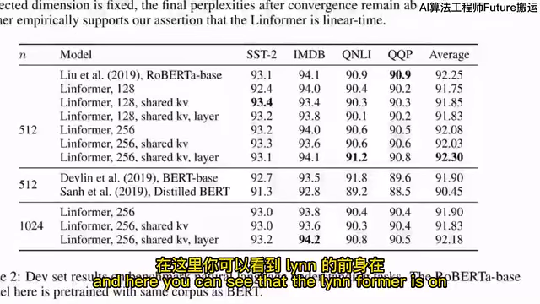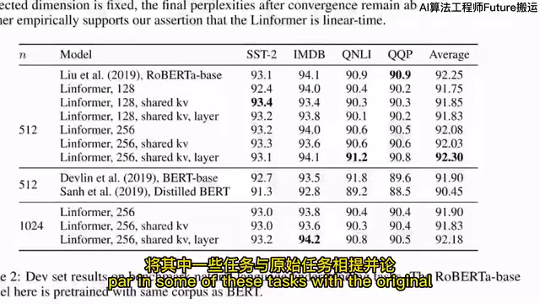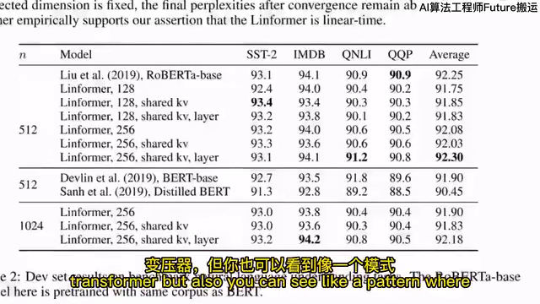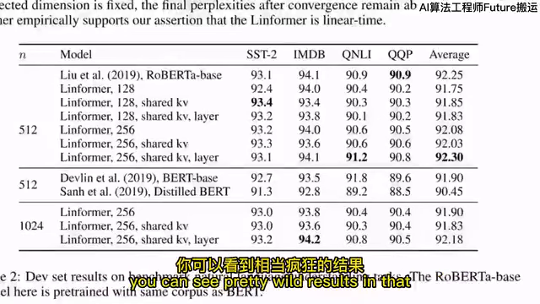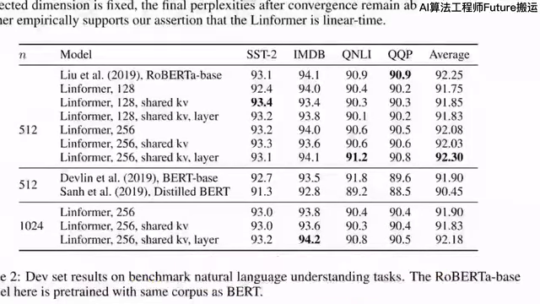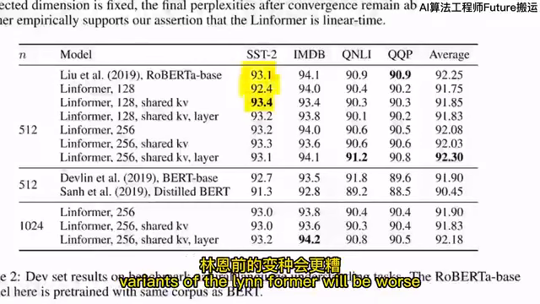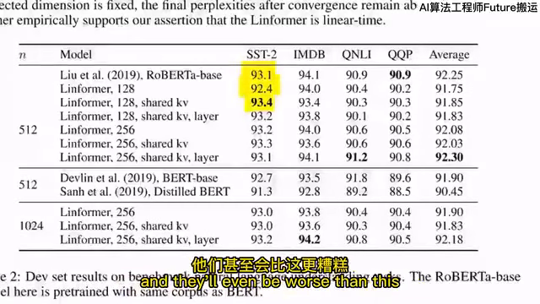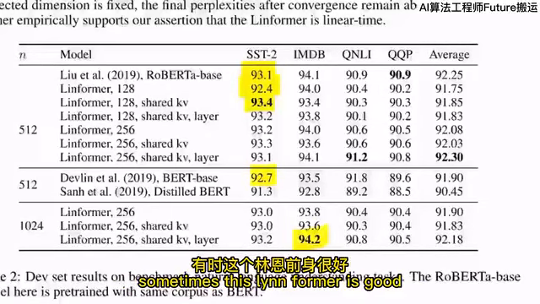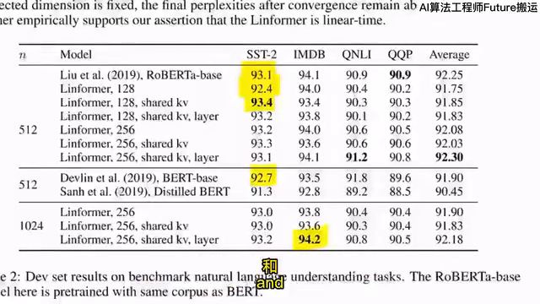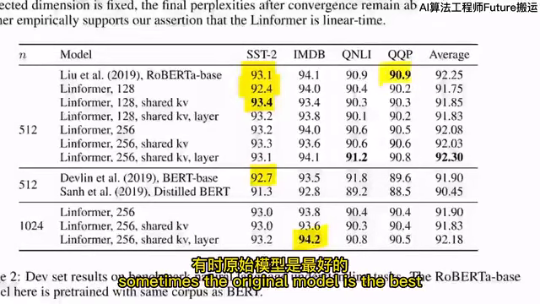And here you can see that the Linformer is on par in some of these tasks with the original transformer, but you can also see a pattern of pretty wild results, in that sometimes the Linformer will be better than this, but then variants of the Linformer will be worse, and they'll even be worse than this, and sometimes they'll be better. Sometimes this Linformer is good, and sometimes the original model is the best.